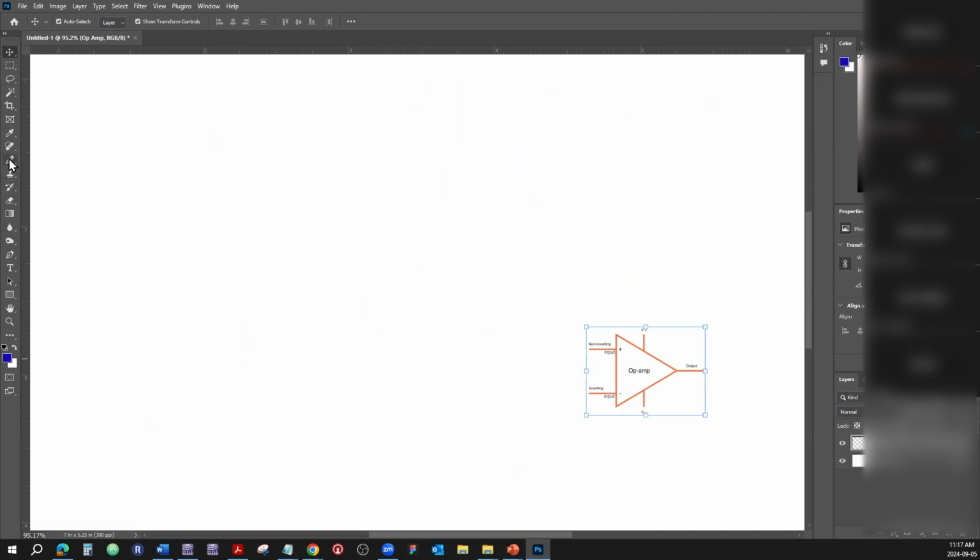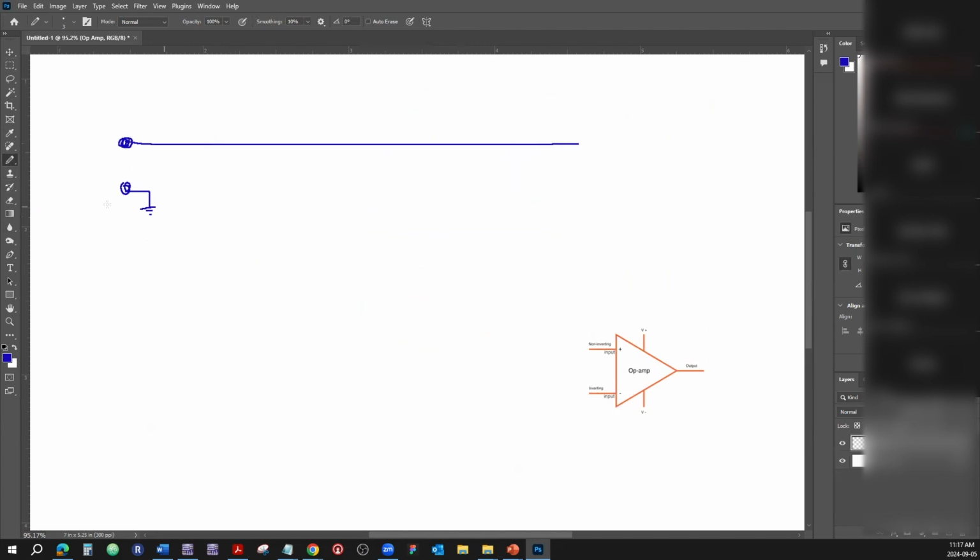Here's the idea of an unbalanced signal. Here's one terminal, here's the other terminal, and usually the other terminal is grounded. And here is the cable. The cable is a medium to transfer the signal.